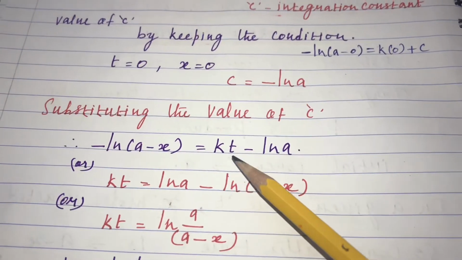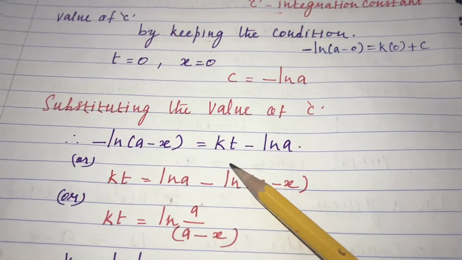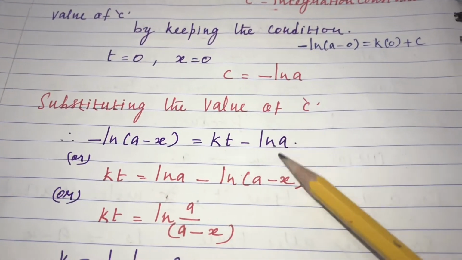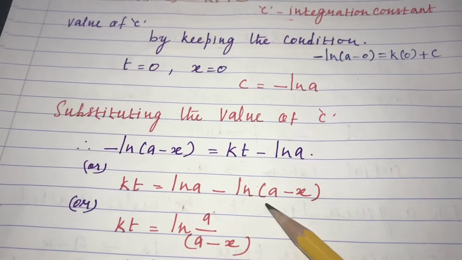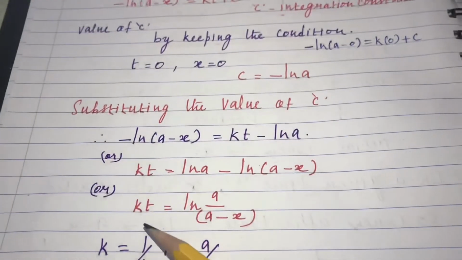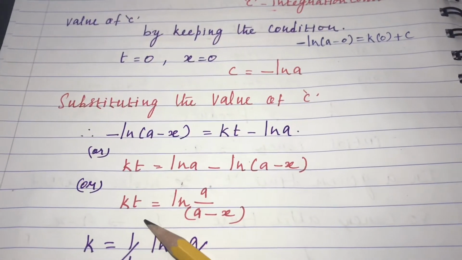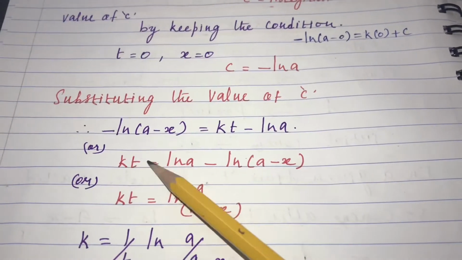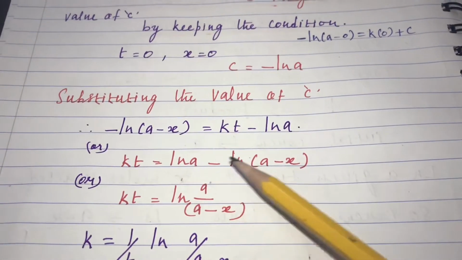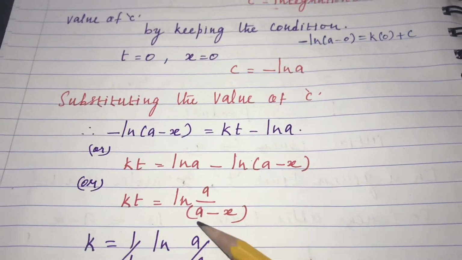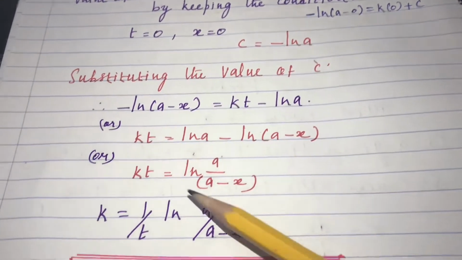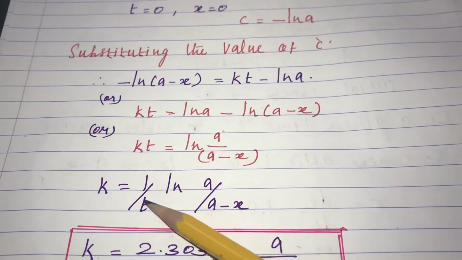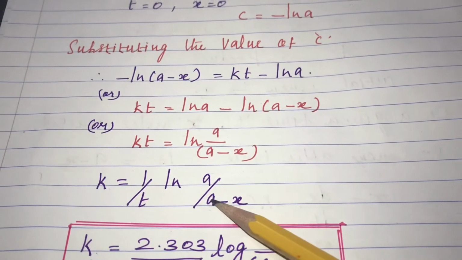We need the value of K, so we rearrange the equation as Kt is equal to ln a minus ln (a minus x). So, K is equal to 1 by t ln of a divided by (a minus x).